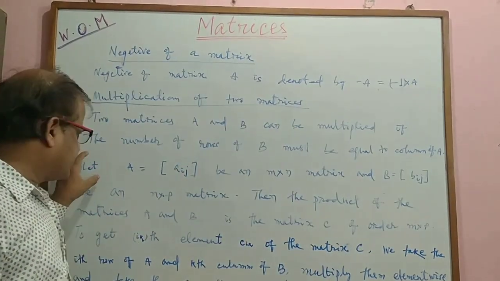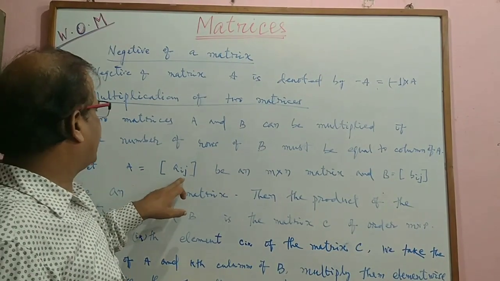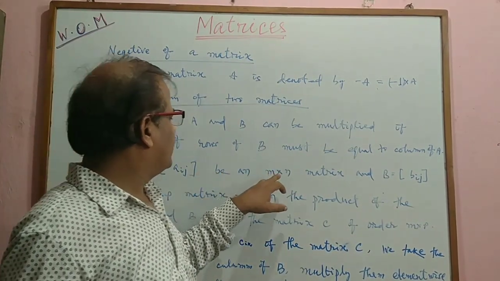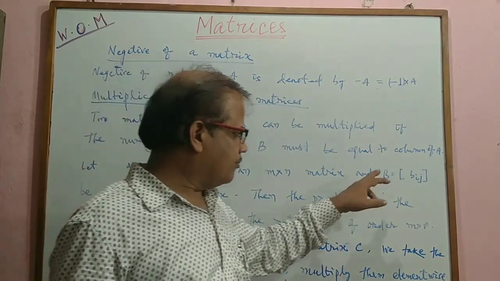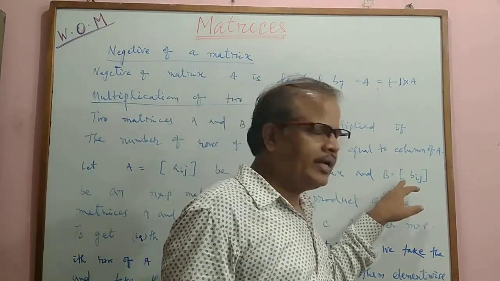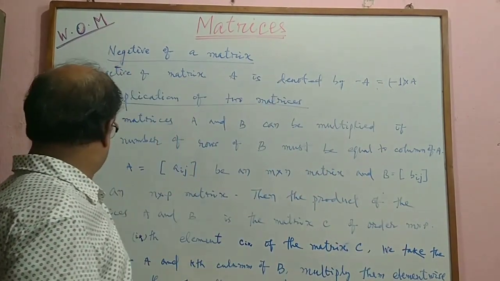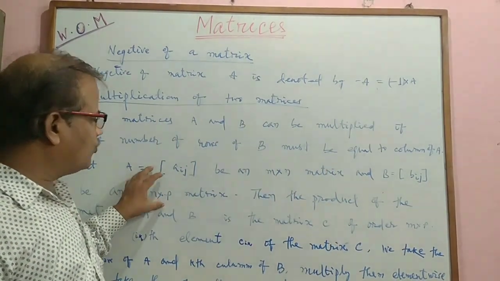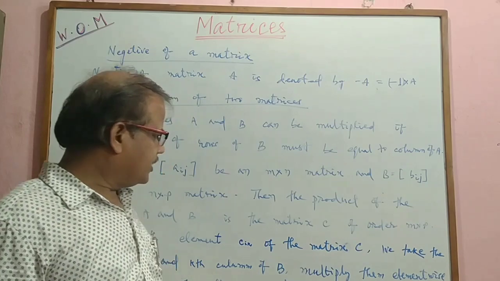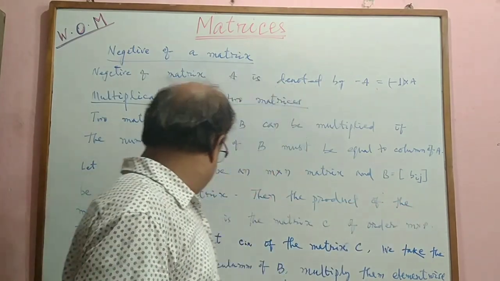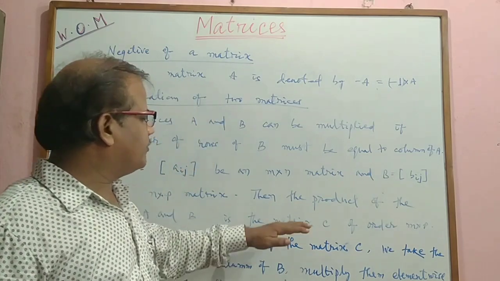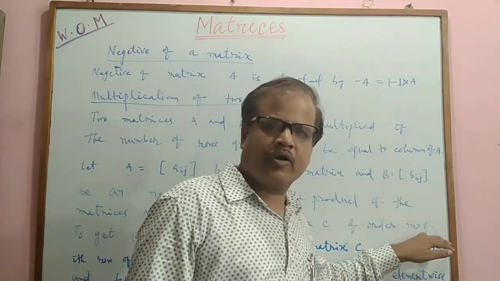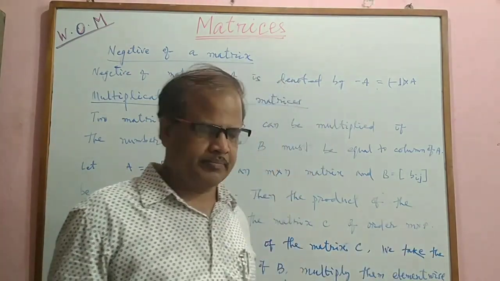Let A = [aij] be an m by n matrix and B = [bjk] be an n by p matrix. Then the product of the matrices A and B is the matrix C of order m by p.